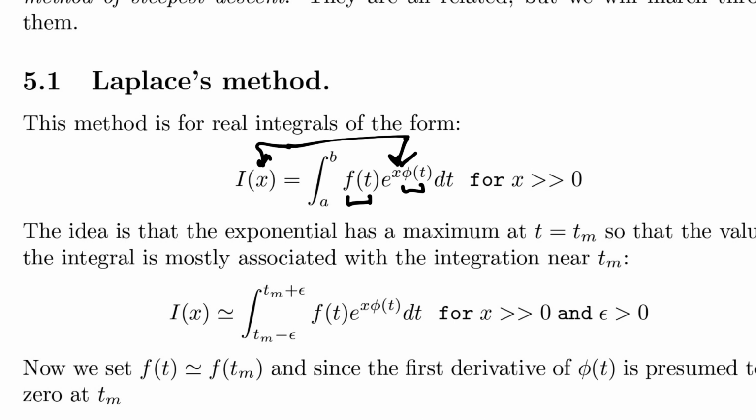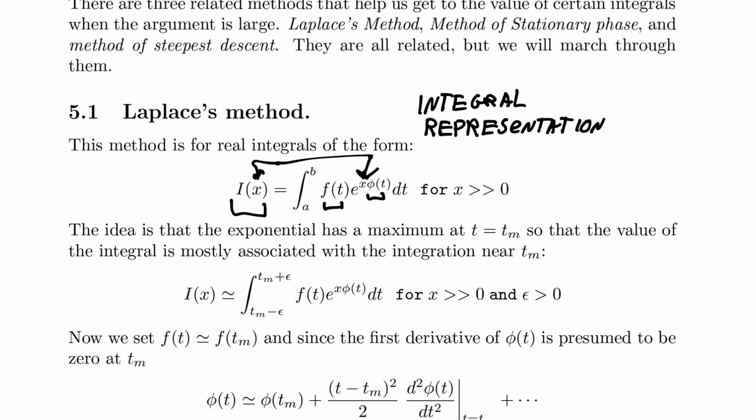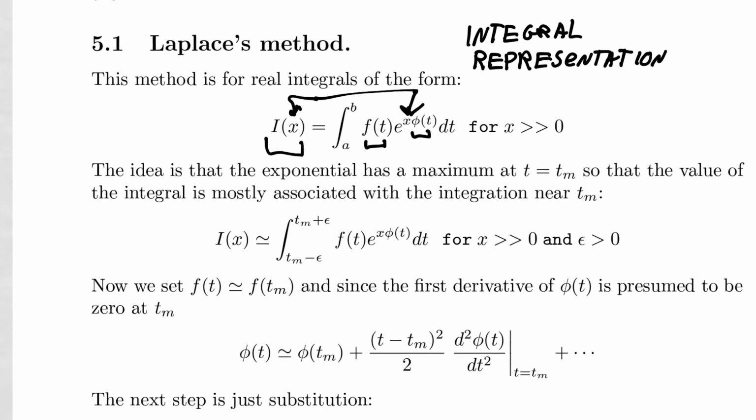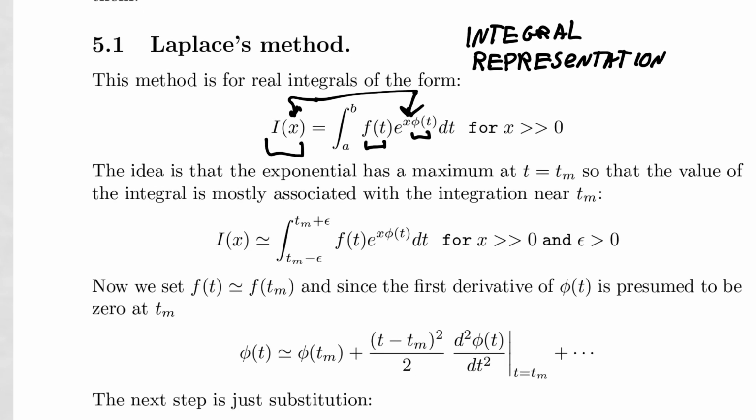So this is kind of a specific type of function, and that means that I has an integral representation. An integral representation is really important and very, very common. When you study special functions like the Bessel function or the spherical Bessel function or Legendre functions, if you really get into it, you learn a lot of different integral representations for those functions.